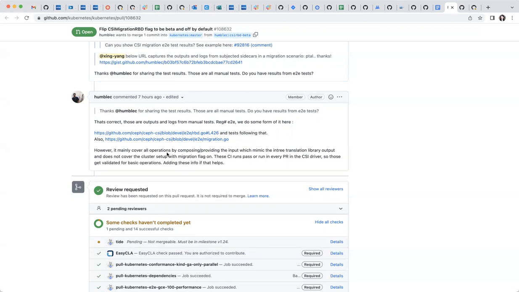And then I was also checking their CI. Their CI has some migration tests, but as I said, those are just for CSI driver, not the entry volume tests. We have some CI jobs in Kubernetes for RBD, but I believe they are broken. We just need some results.